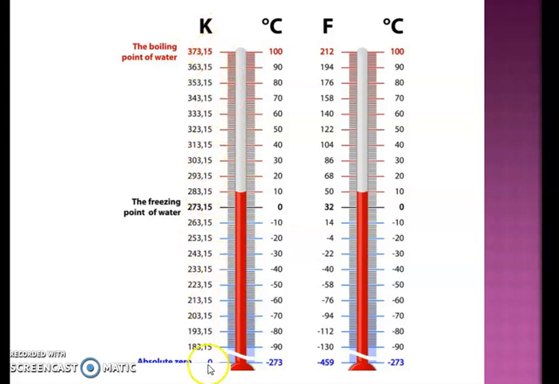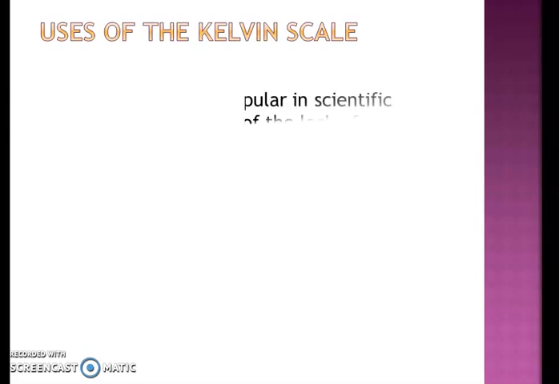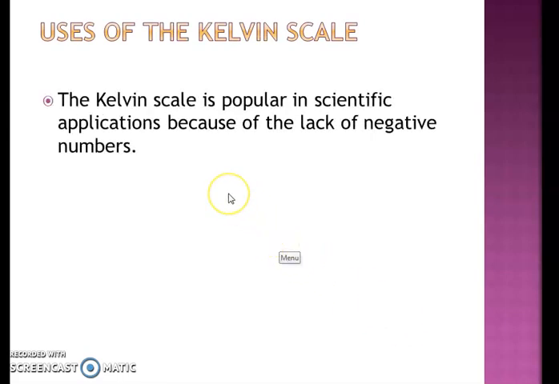The lack of negative values makes calculation easier. You can see here, starting from zero, the absolute temperature, and moving to higher Kelvin temperatures. So the lack of negative values in this temperature scale makes it more popular for scientific calculations.